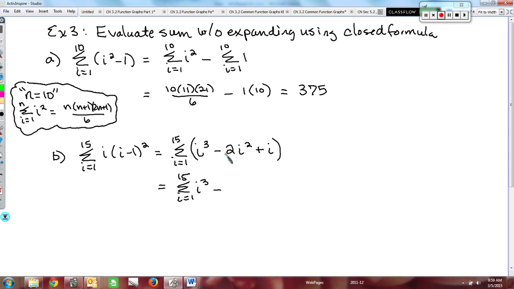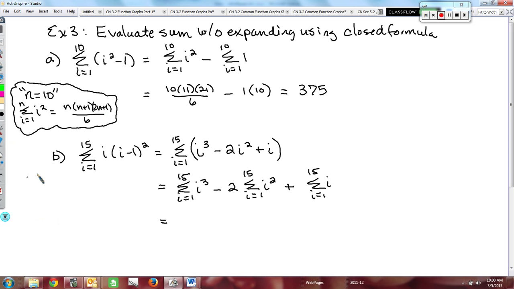While I'm doing it, I actually always pull constants out in this step because we know how it's going to work. So instead of writing it twice, I'm just going to go ahead and pull everything out. And then the sigma i equals 1 to 15 of i. So I distribute through, and then I'm going to start working my formulas.